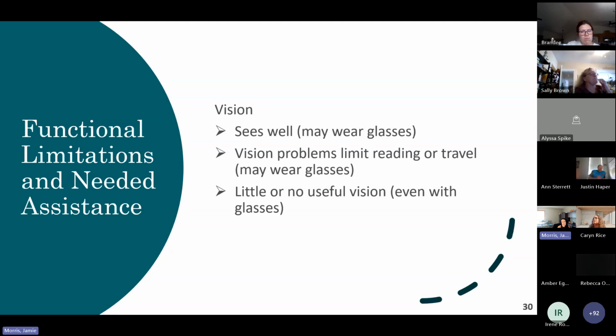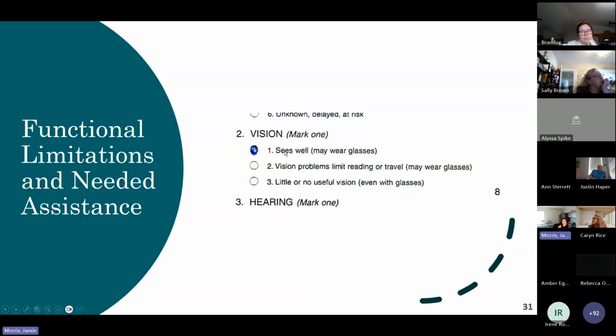That's her aid, so we are going to rate her functioning with the use of glasses. So we're going to choose 1. At this time, we know that Michelle sees well. She doesn't have anything in her documentation that suggests that she is wearing glasses or needs glasses. So we have marked sees well.